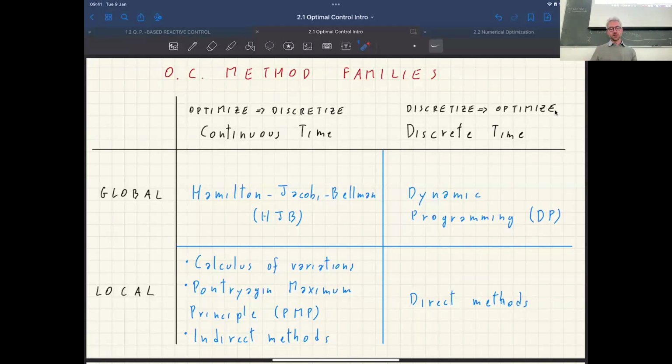So you don't have any guarantees on the quality of the solution that you're going to find with a local method. But in practice, it happens very often that that's good enough for practical applications, okay? So in robotics, actually, local methods are much, much more common than global ones.